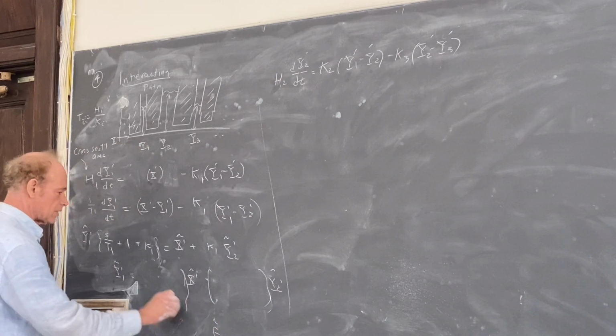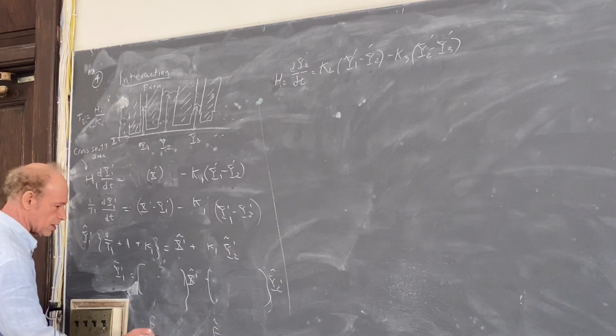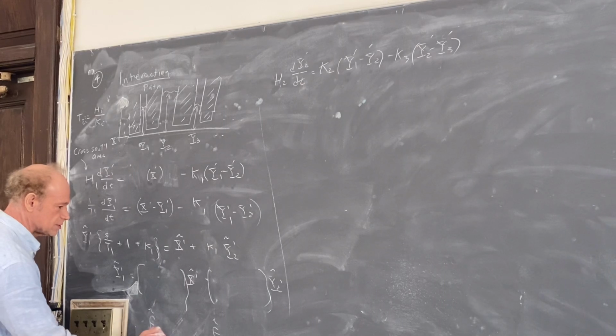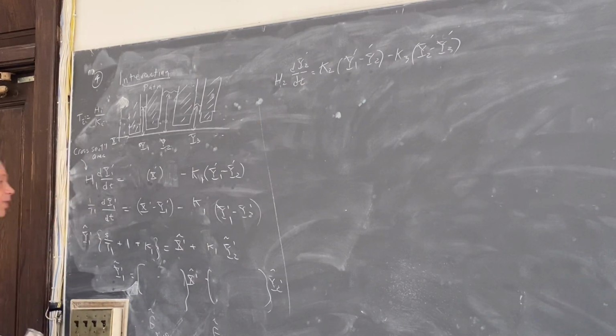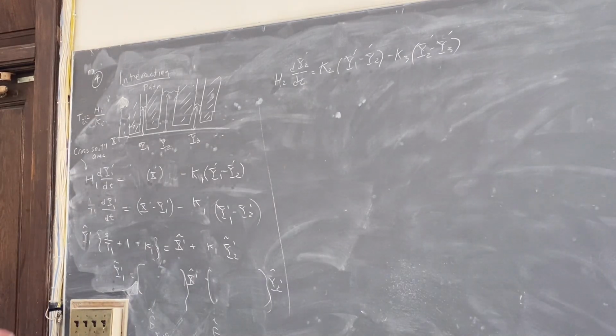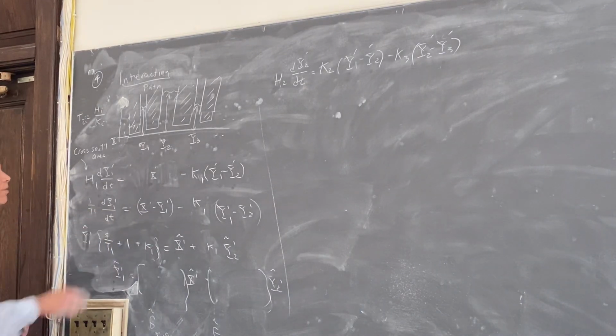And that'll end up being everything we can do today. G tilde of x prime to y1 prime. So let's go through and do it again.